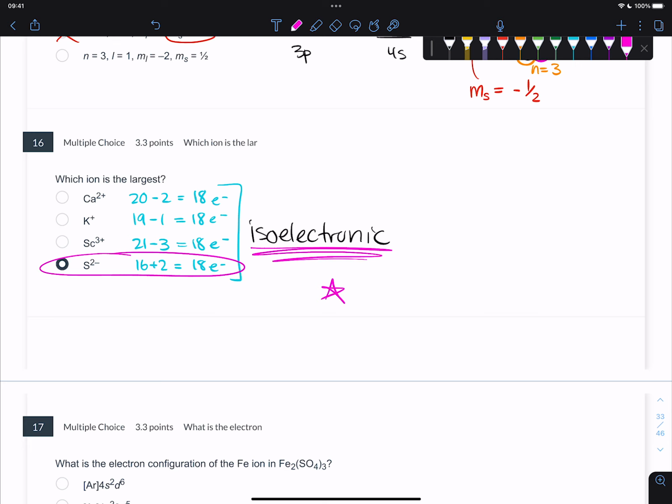So that's why this one's bigger. Anions are the largest when they're all isoelectronic. Now imagine flipping this question, and you had a bunch of negatively charged things and a single positively charged thing. Cations are going to be smallest because they lose electrons, so they shrink a little bit.